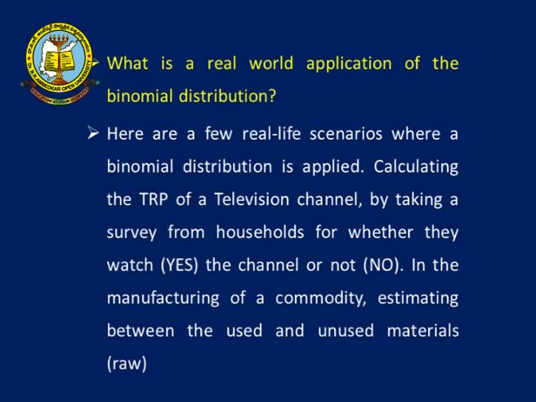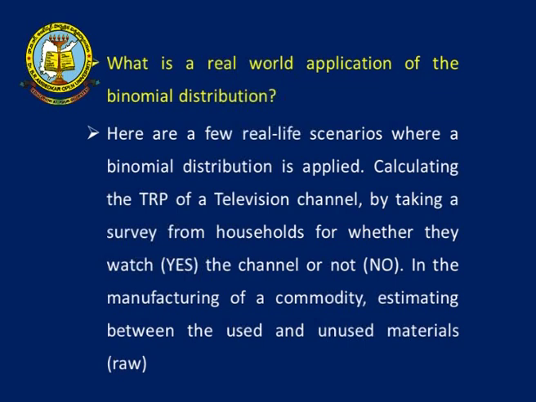What is a real world application of the binomial distribution? Here are a few real life scenarios where a binomial distribution is applied. We know that TV channels calculate the TRPs.